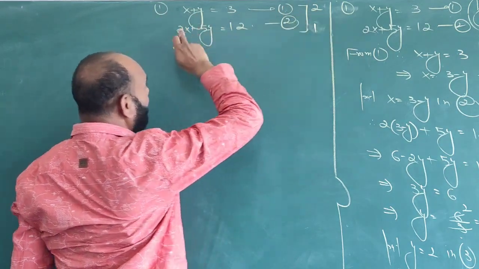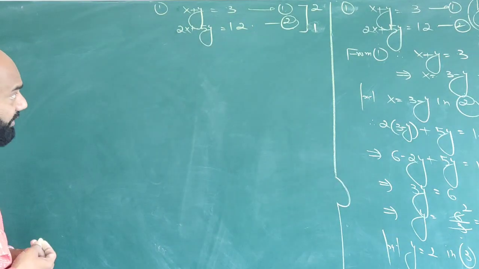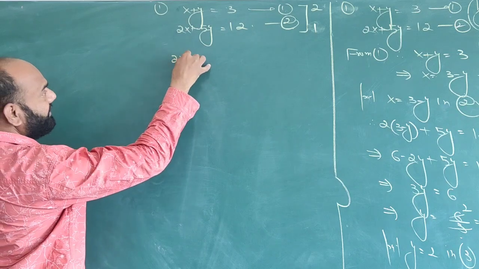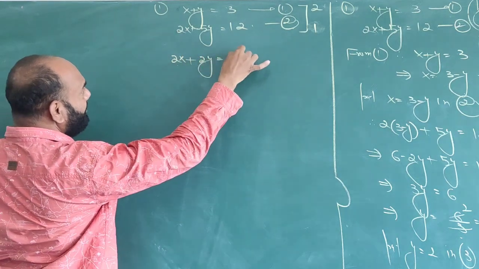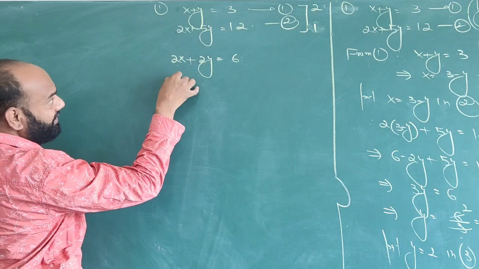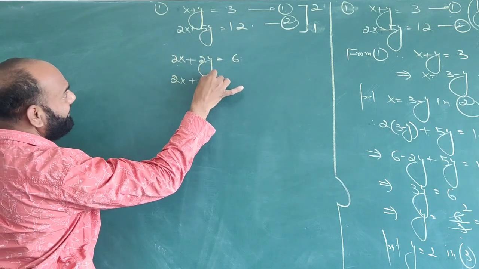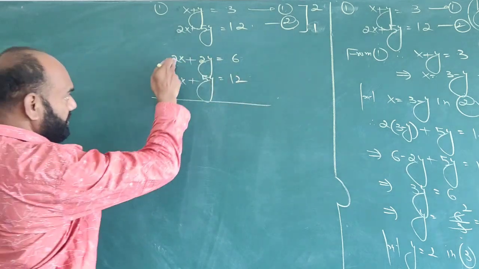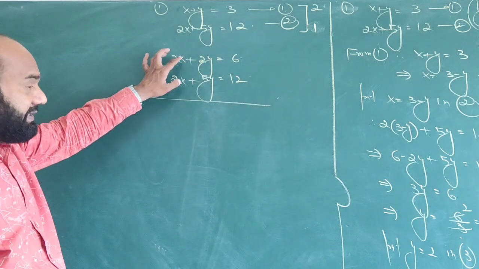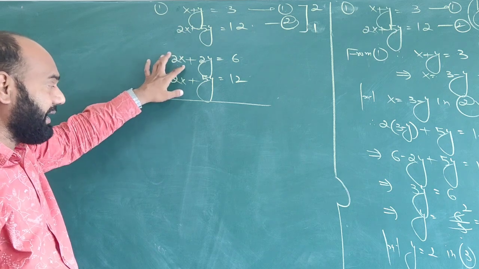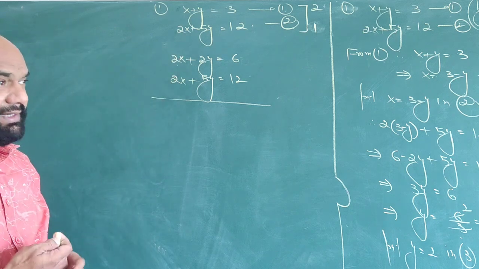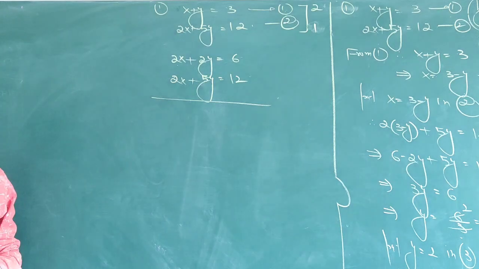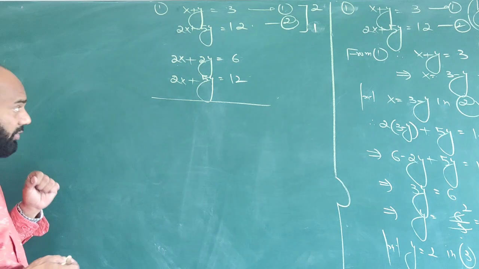So equation 1 is multiplied by 2 and equation 2 is multiplied by 1, we get 2x plus 2y is equal to 6, and secondly 2x plus 5y is equal to 12. So these have the same sign. This is 2x, this is 2x, they are the same term and also the same sign, but they do not cancel. They cancel only when they are of opposite sign, because any two terms cancel when they are of opposite sign.